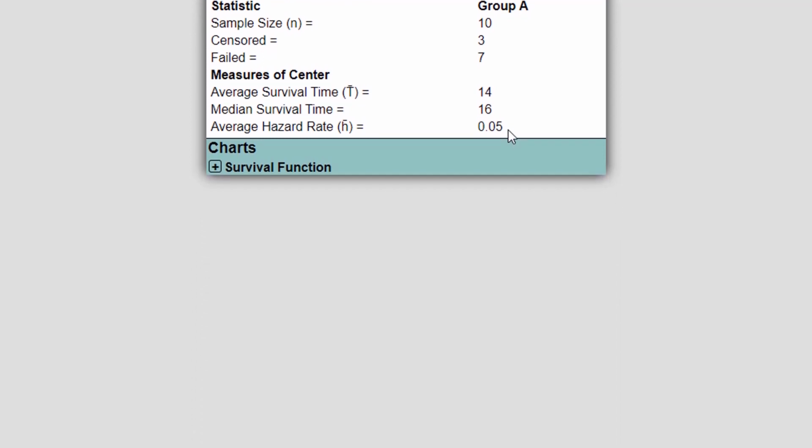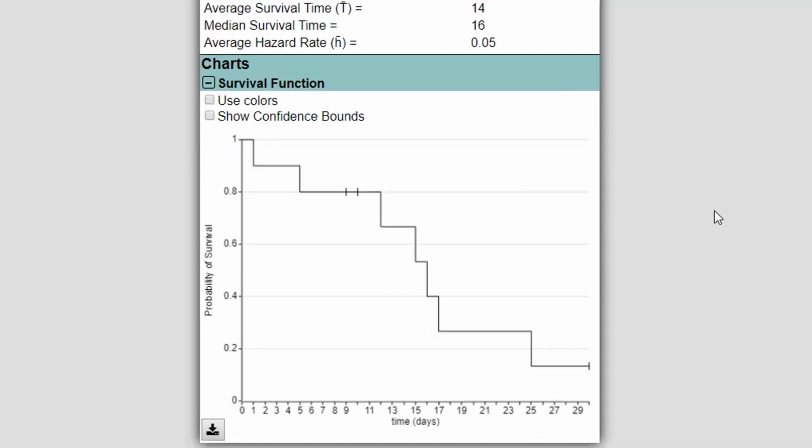All right, the survival function is a way of charting this, and it's going to look like so. Over time, it gives the proportion or probability of individuals surviving that long without getting the event, or without the event occurring.